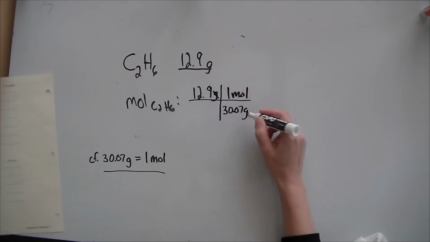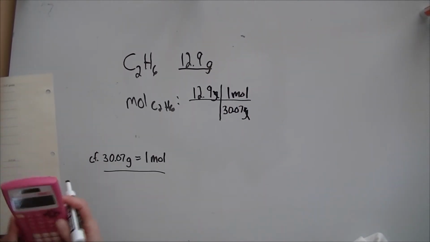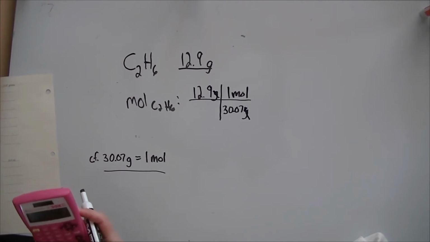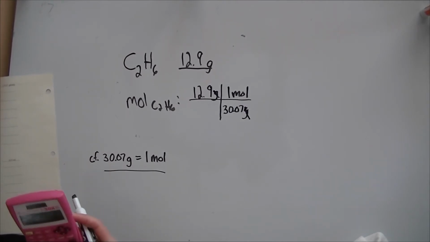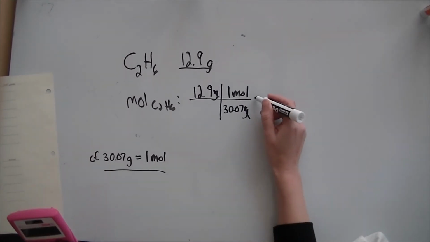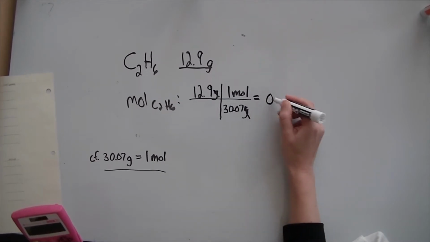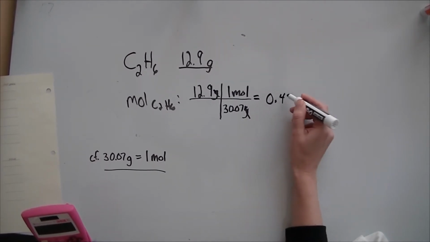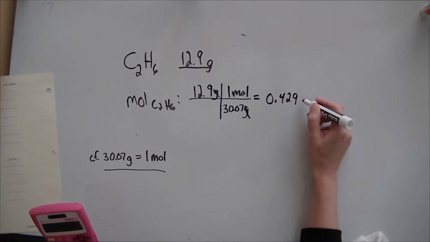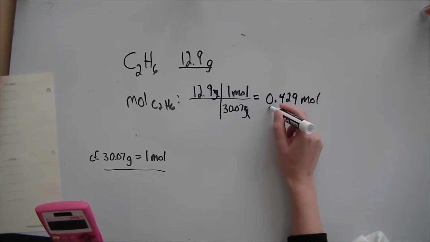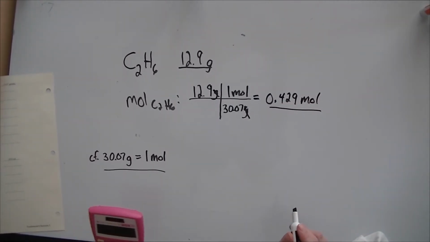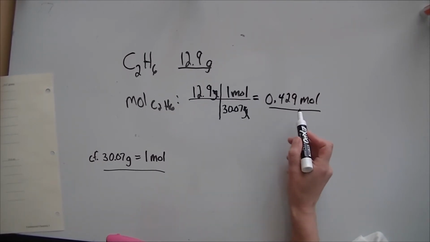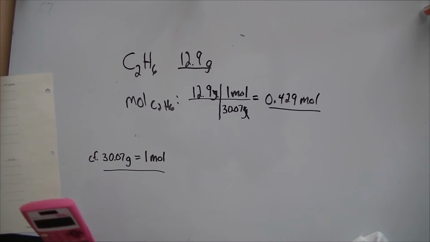That gets my grams and my grams to cancel. And once I calculate this out, I get 0.429 moles. So this would be the answer to moles of that molecule. Notice I did 3 significant figures because my original number also had 3 significant figures.